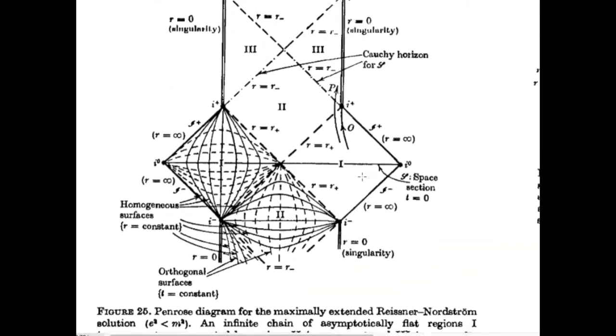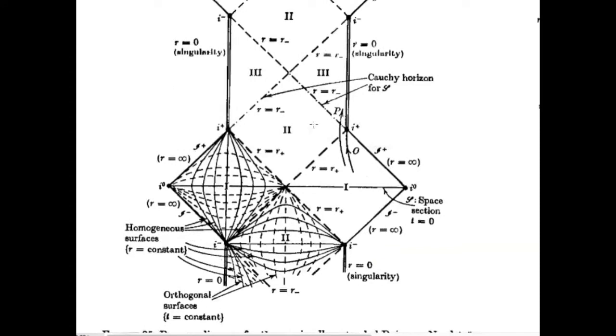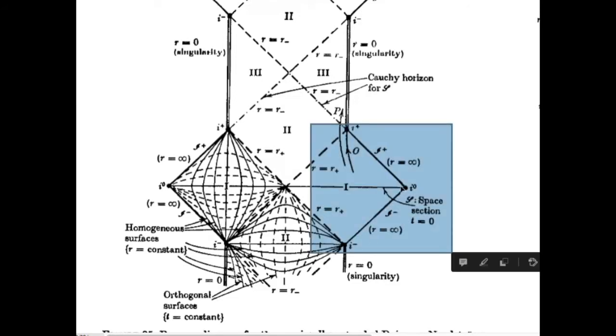And what you see here, focus on this part of the figure first. This is essentially what we know and expect from asymptotically flat black holes. So we have these null infinities here. This is essentially the outside of the black hole, our universe.